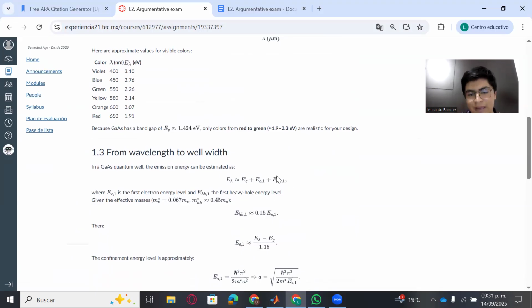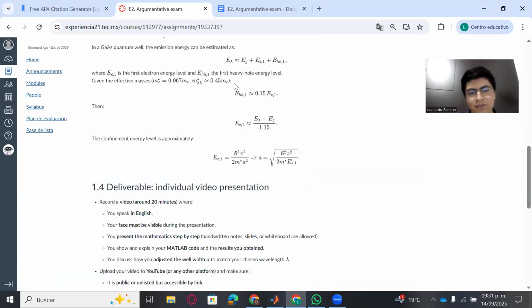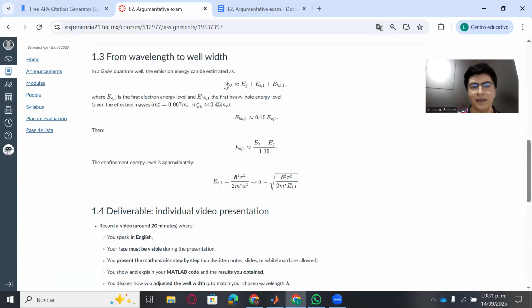And this term right here is the first heavy hole energy level. We are also given that the mass will only be 0.067 of the whole mass. And we also have the MHH, which is the mass in the first heavy hole energy level. We also have these different approximations, which will be useful for us to solve this emission energy estimation formula.